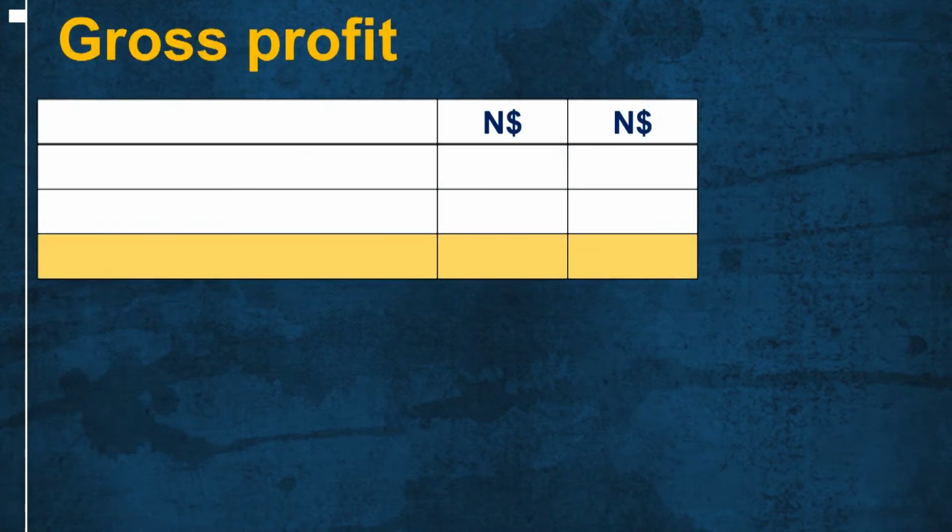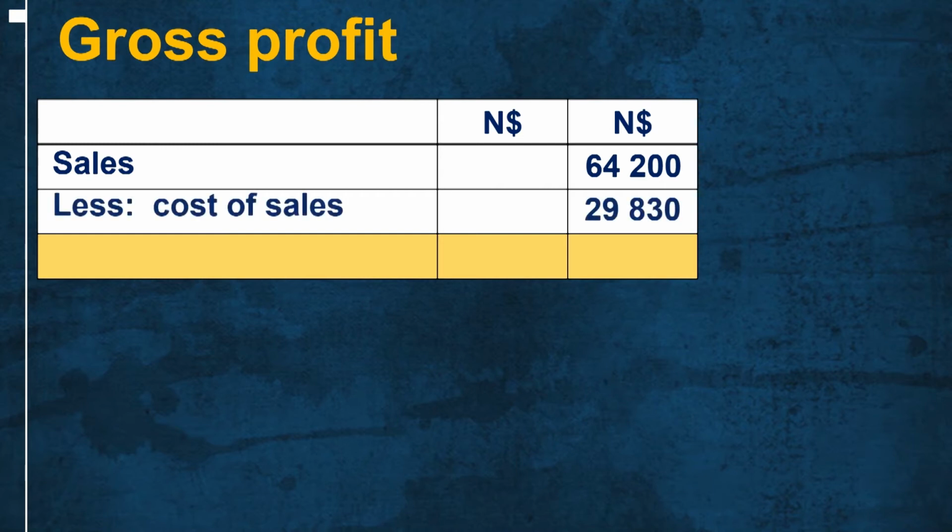To calculate gross profit, we are then going to take the sales of 64,200 Namibian dollars, less the cost of sales of 29,830 Namibian dollars. Therefore, the gross profit will be 34,370 Namibian dollars.